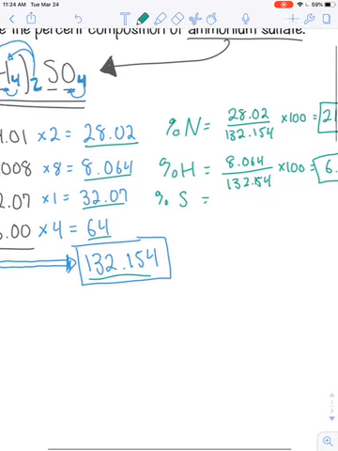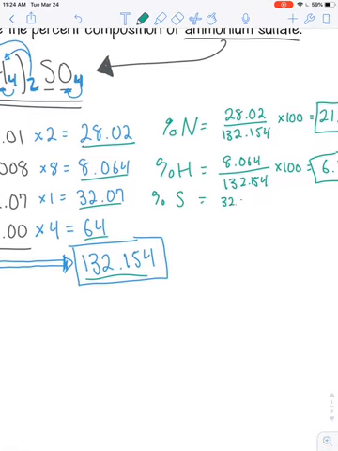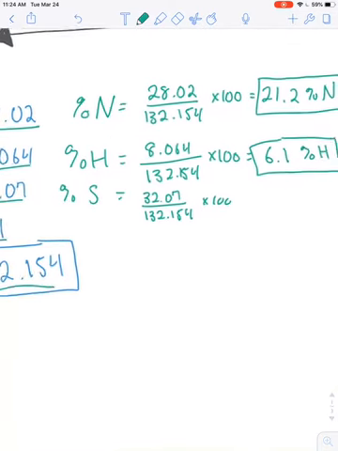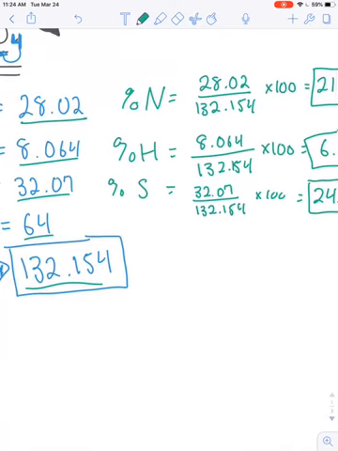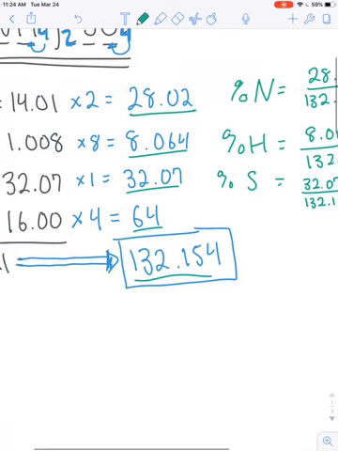So percentage of sulfur, we're going to take that 32.07 divided by 132.154 and times that by 100. And that gives us 24.3% sulfur. So you can see I'm kind of just rounding these to one decimal place. That's plenty for these.